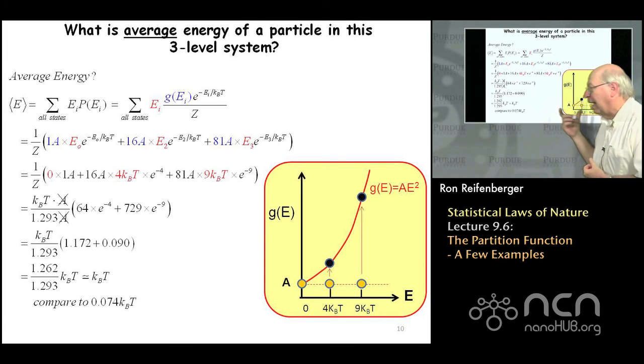So the diagram in the yellow box here illustrates the two situations. First situation, I just assume that the degeneracy is the same for each energy level. The second situation, I assume that the degeneracy of each energy level increases. In this case, I just made the simple assumption it increases quadratically with energy.